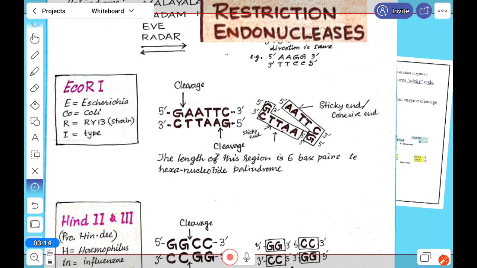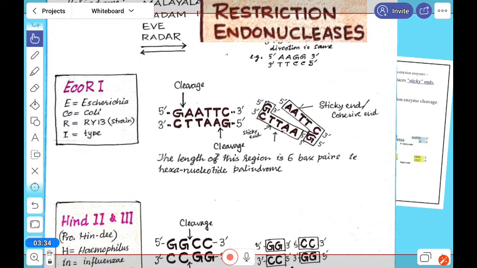So cleavage will occur here. The length of that region is 6 base pairs, so it is called a hexanucleotide palindrome. This is the one type which makes the sticky ends.